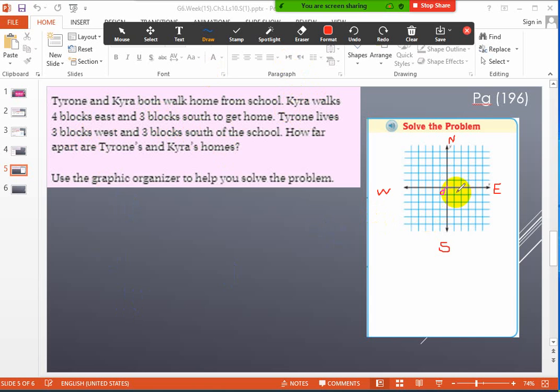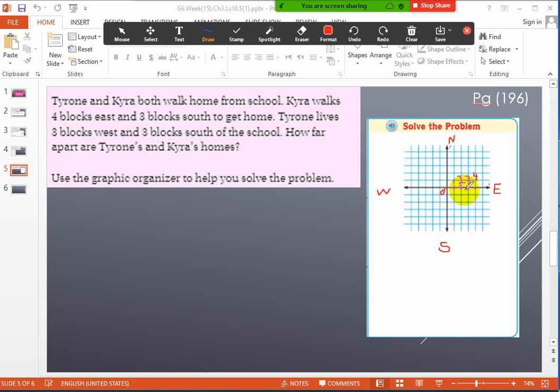If you want, you can divide each one as a 1. Actually, this grid is not divided, right? So I can take each one as a 1. So this is 1, this is 2, and this is 3. That means this is 4.